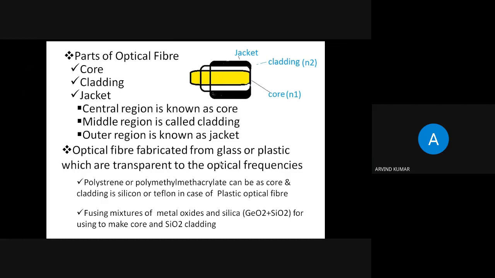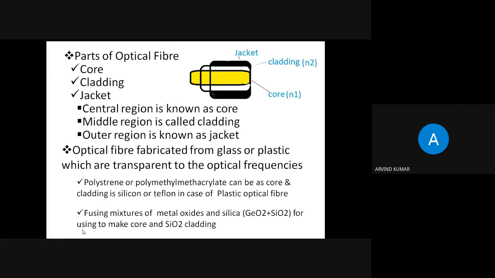For example, in the case of the plastic fiber, we will make use of polystyrene or polymethyl methacrylate, PMMA, that can be used as the core, and the cladding material is silicone or Teflon in case of the plastic optical fiber.